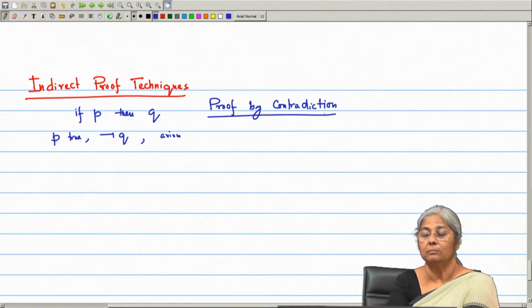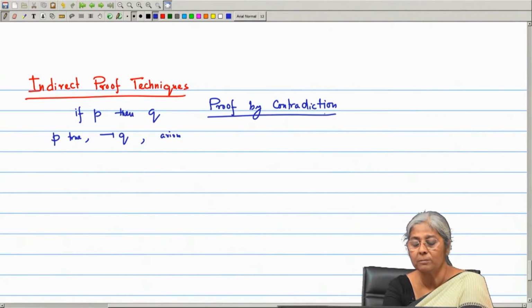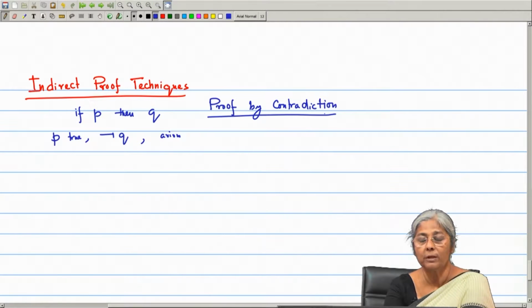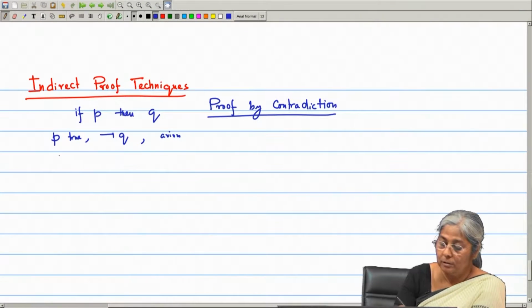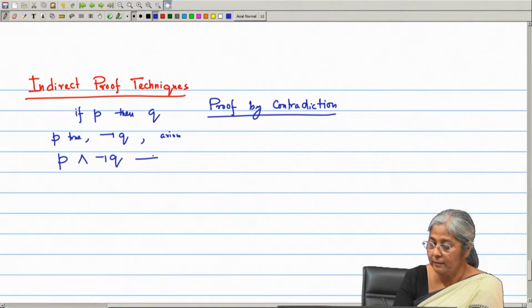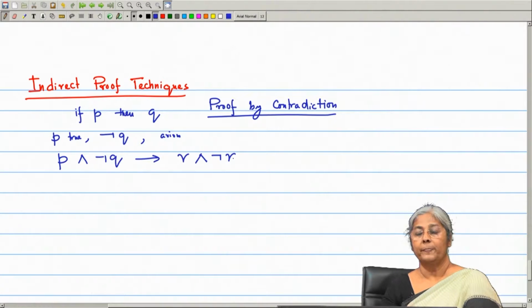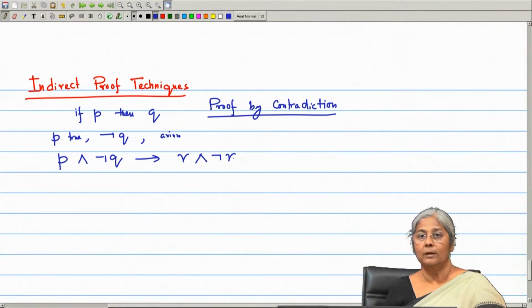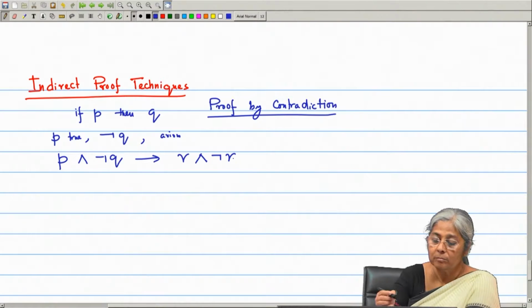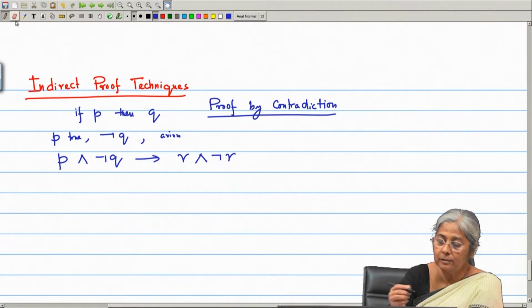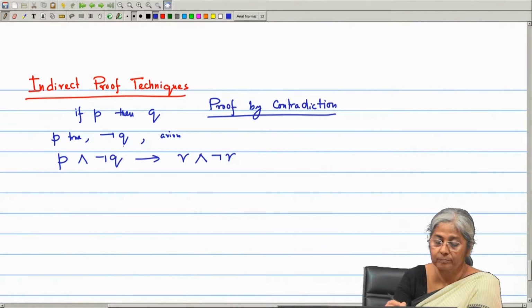In a simpler way, we are assuming negation Q, and if P is true and negation Q together imply a contradiction, that means R and negation R, is that working correctly, or can I tell whether they are equivalent?